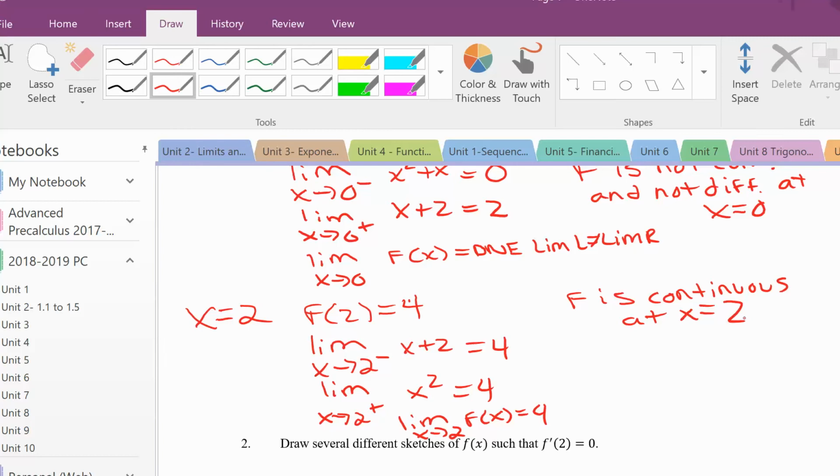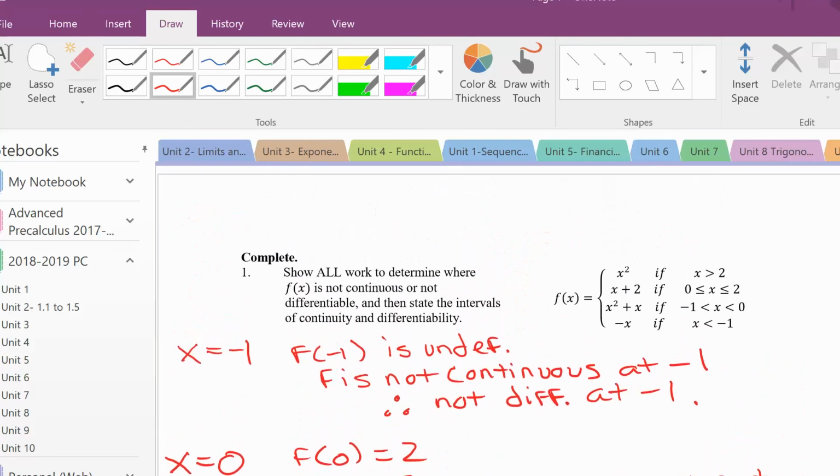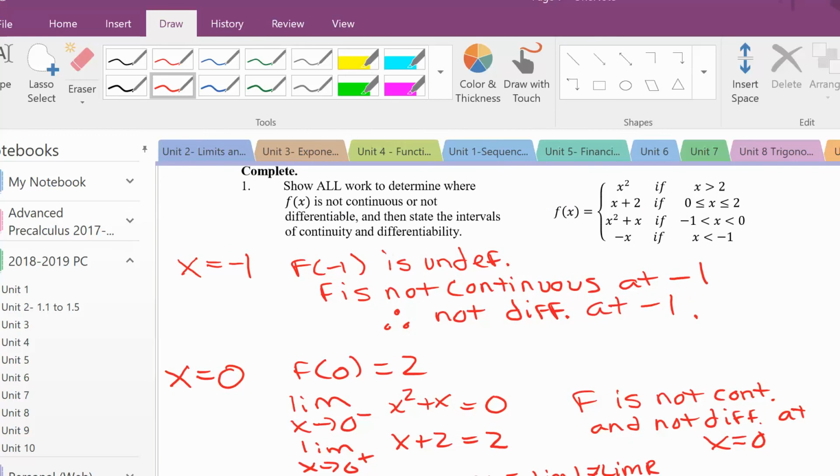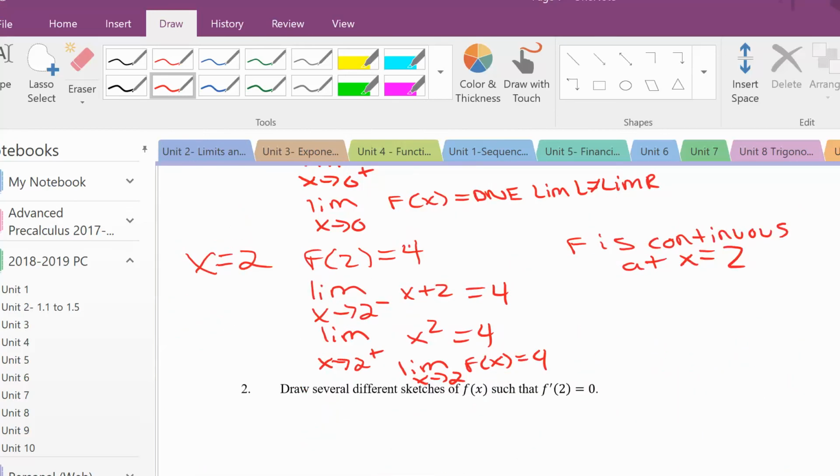And to find out if it's differentiable, number one, we have to find the derivative from the left and the right. Well, f prime of 2 from the left, notice the slope of this line is 1. F prime of 2 from the right, well, now we have a quadratic, right?